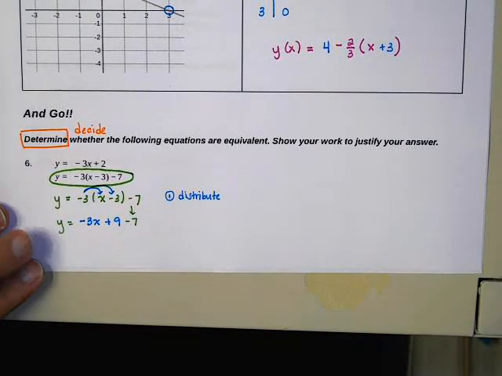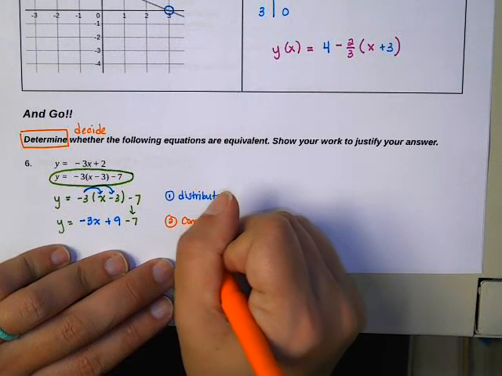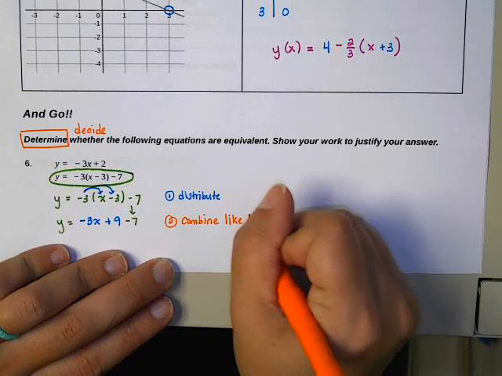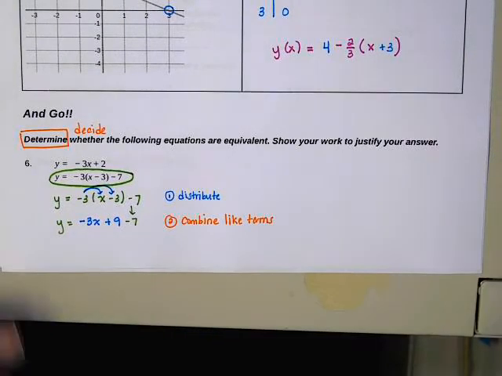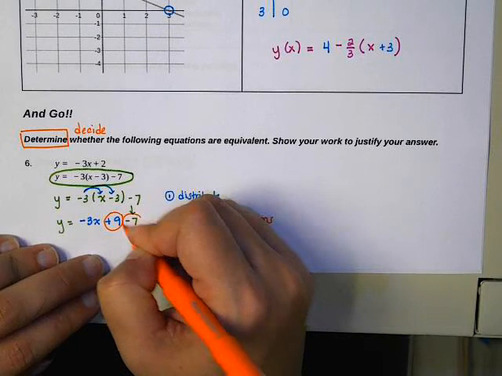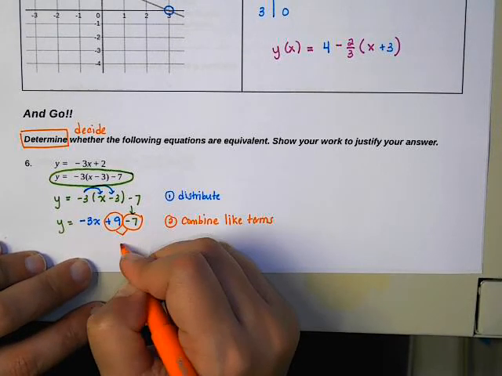The second step is going to be to combine like terms. Now, combining like terms means taking the numbers that do not have an x and putting them together. 9 minus 7 would give me 2.